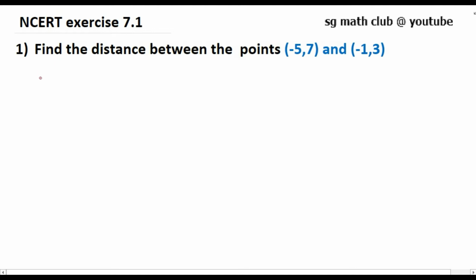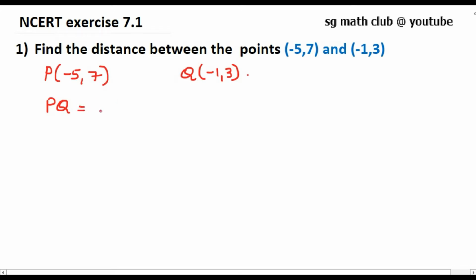We know the distance formula. We take the point (-5, 7) as P and (-1, 3) as Q, and we need to find the distance between these two points. These two points lie in the second quadrant.